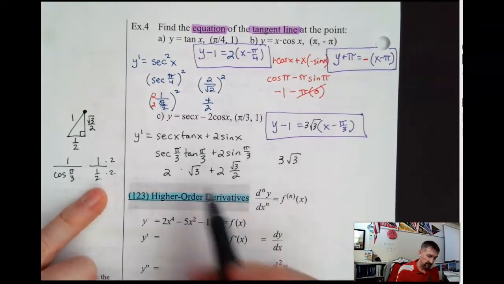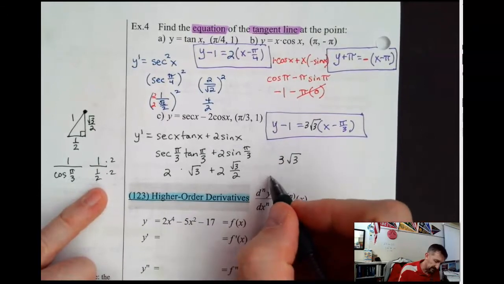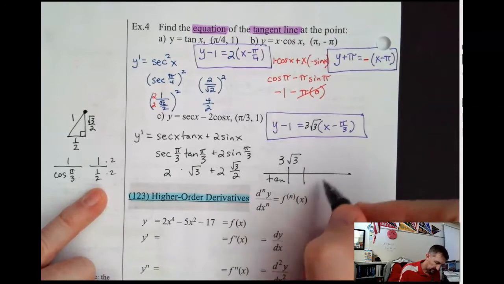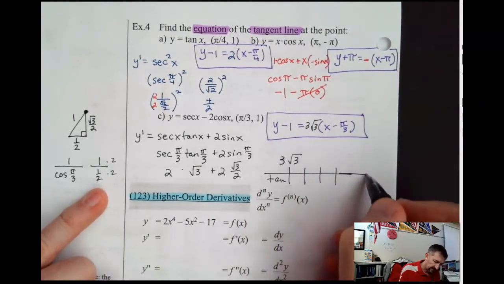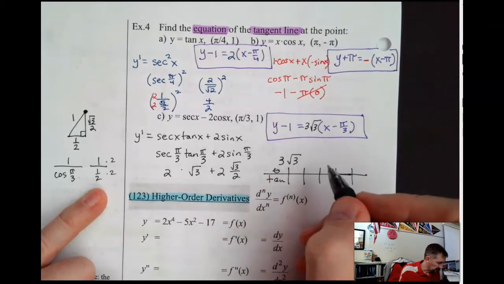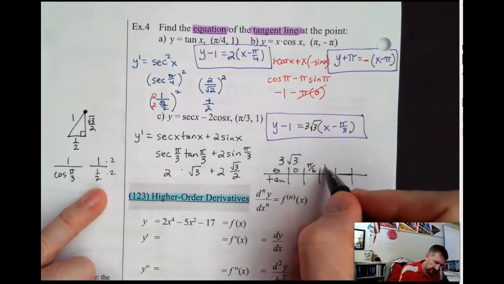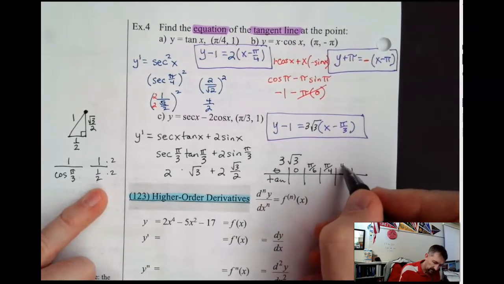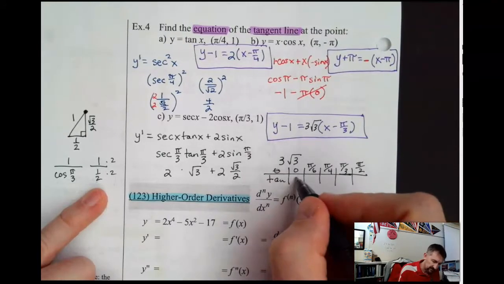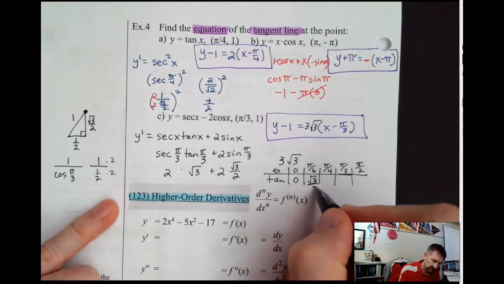I can do that with a unit circle. I can make a table. You can make a table for tangent. There's somewhat of a pattern. So you could put the angle here: 0, pi over 6, pi over 4, pi over 3, pi over 2. The tangent of 0 is 0. The tangent of this is root 3 over 3.